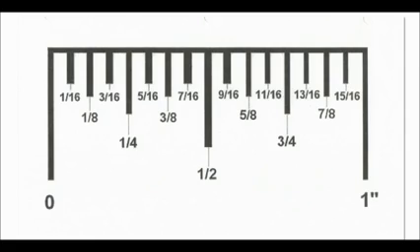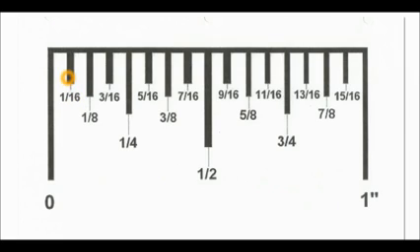Now let's look at this in a different format. I have taken the liberty of blowing up a 1-inch ruler and placing within that 1-inch ruler the measurements. Those 16 lines are here again represented with an actual fraction beneath them.